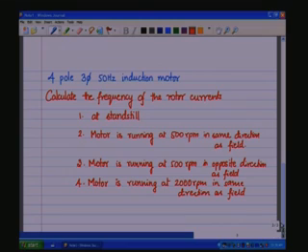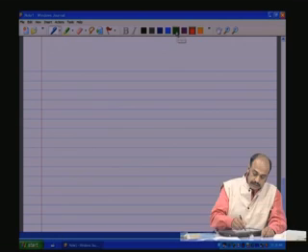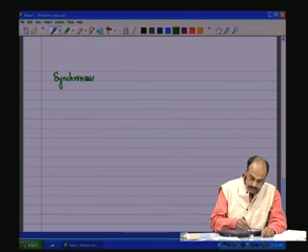So we say it is a 4-pole 3-phase 50 hertz induction motor. So first let us find out the synchronous speed.